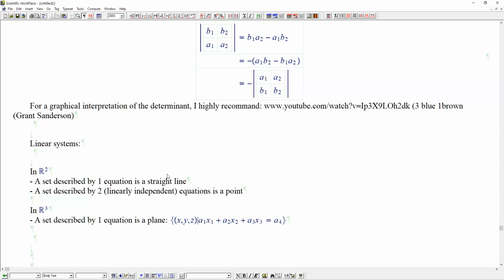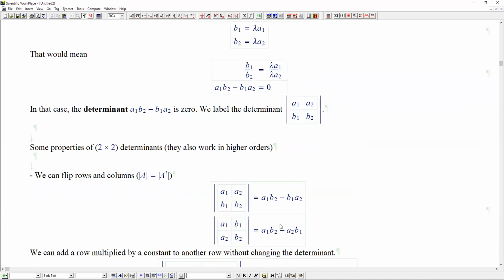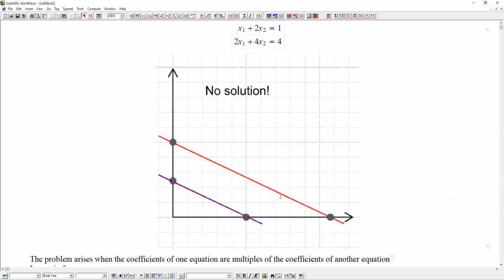So how do I know this is a plane? Imagine that A3 equals 0. So I only have A1 X1 plus A2 X2 equals A4. It's a straight line, like this line there. But now I have a 3rd dimension.